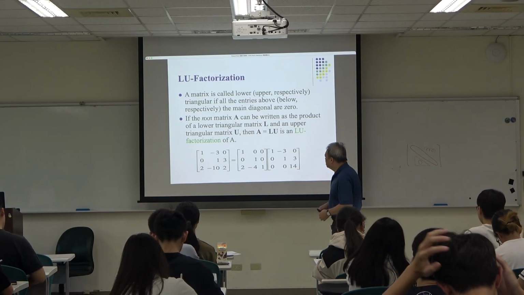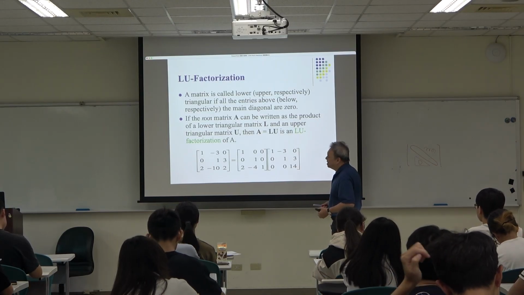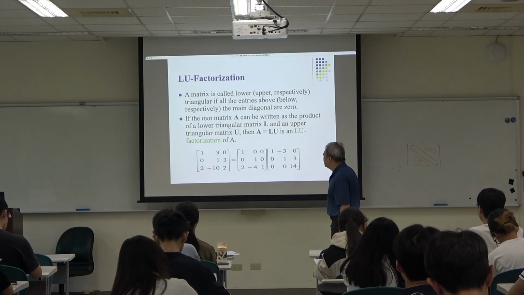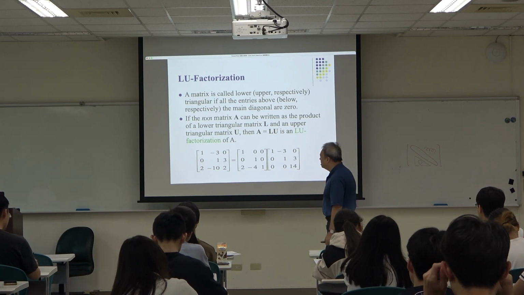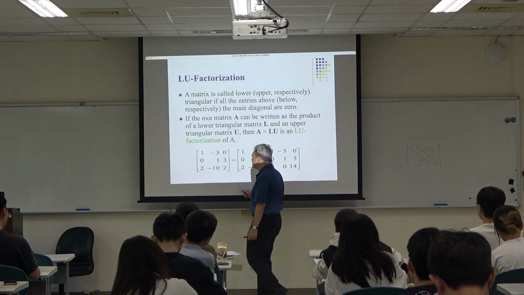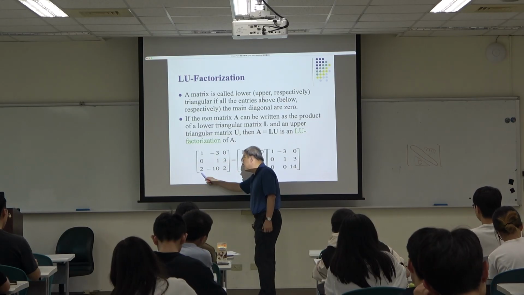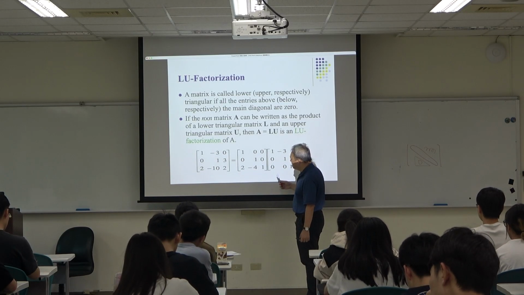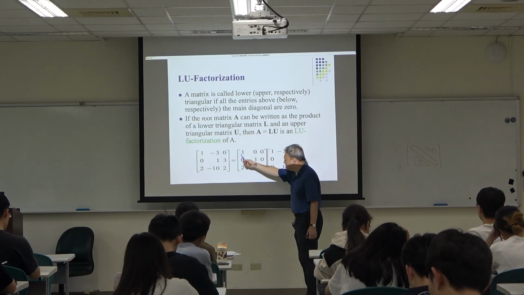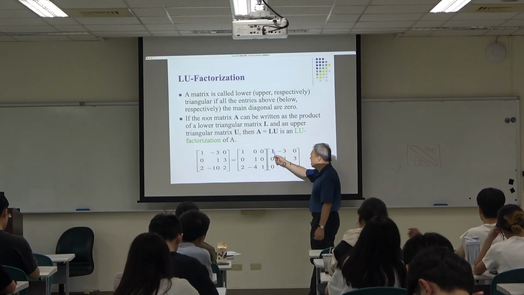If that happens, we say it's an LU factorization of that matrix. This is an example. You can see this matrix is the result of multiplying this matrix and this matrix.